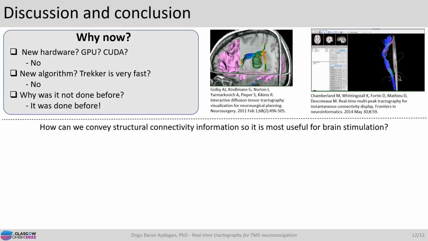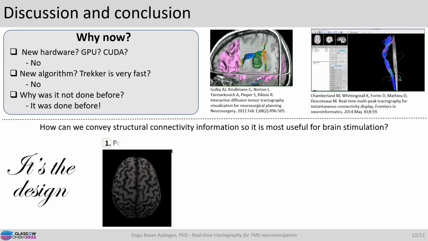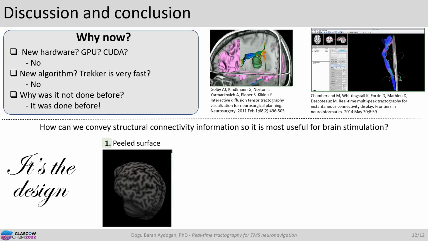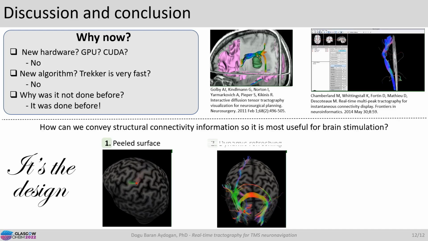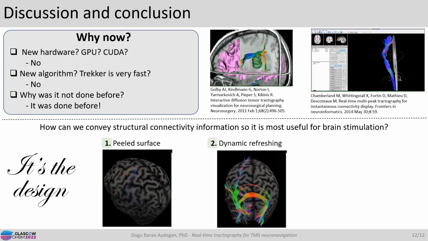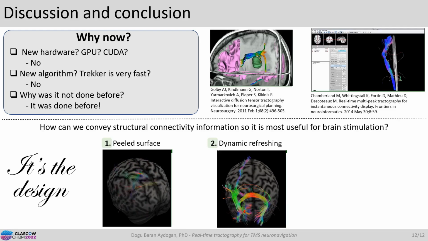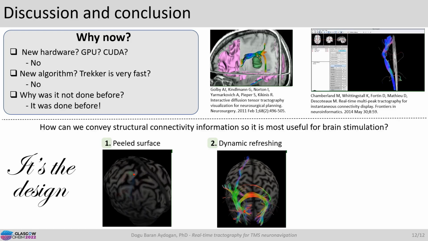So what distinguishes our work is mostly the design and user experience. Displaying tractograms on the peeled brain surface, which is one of the most conventional approaches for TMS, is a natural choice for us. That was not demonstrated before. The dynamic visualization of streamlines, as we do in our work, distributes the complicated connectivity information over a longer time for the operator to digest it.